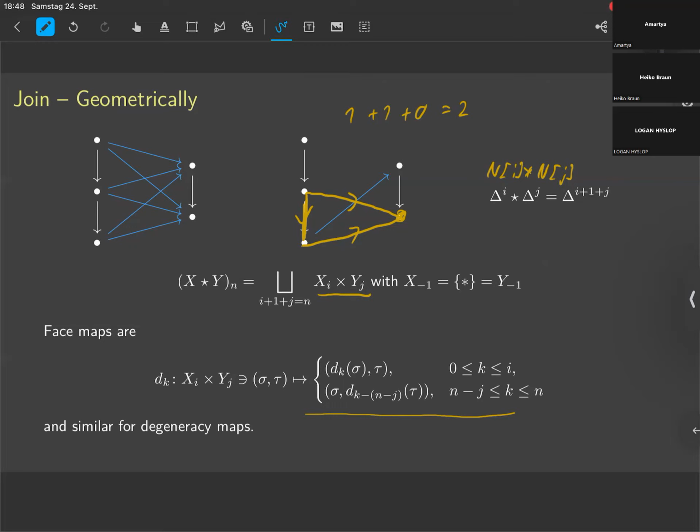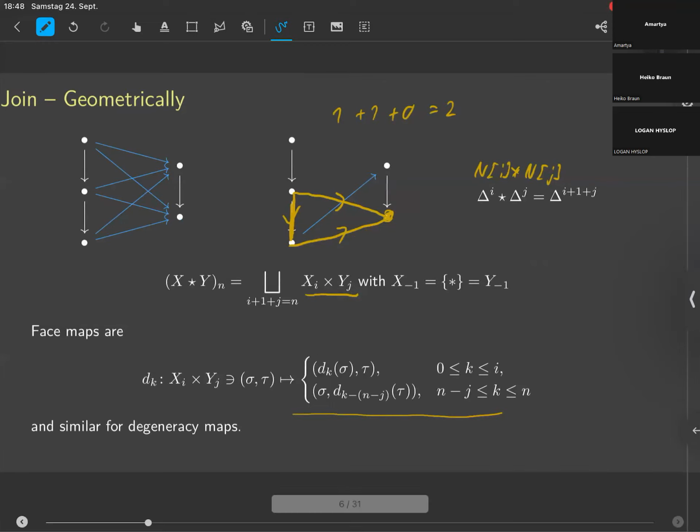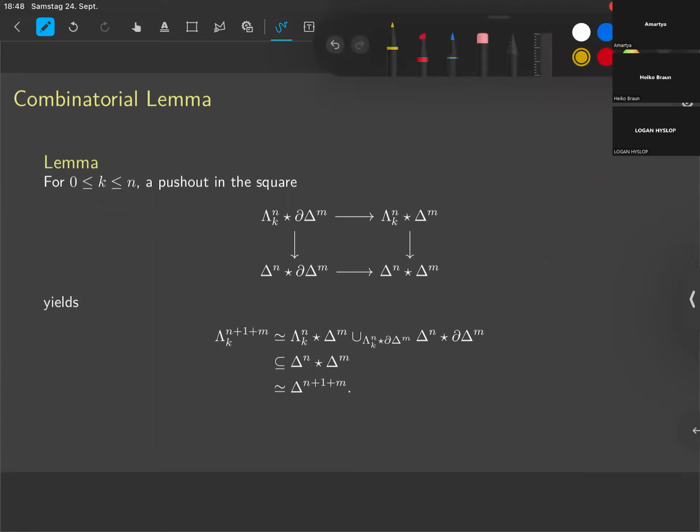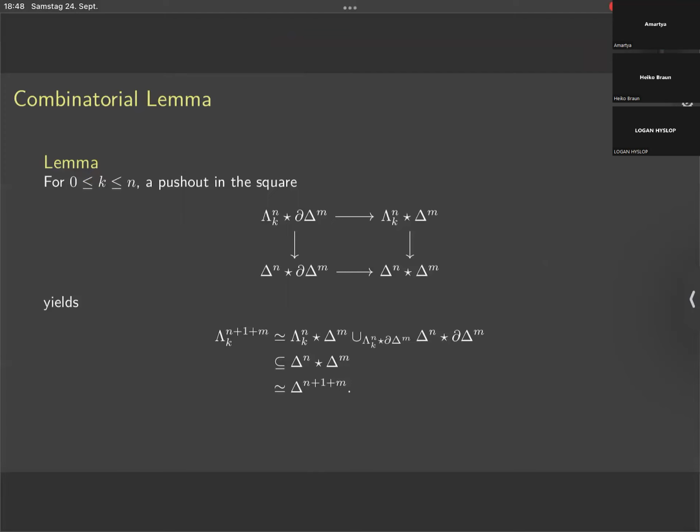So with this, we can now go to a little lemma on these joins. How does it look like? What we do here is we want to make a little pushout and check what it is. So we have a commutative diagram like this, and we can take the pushout in this part.